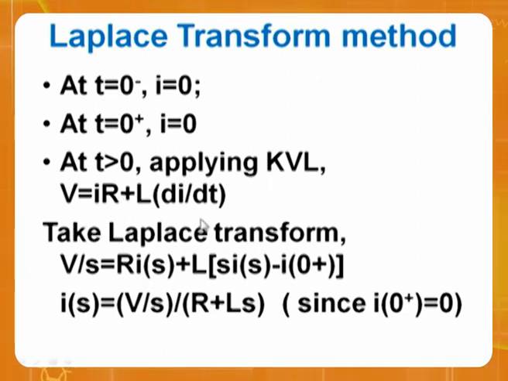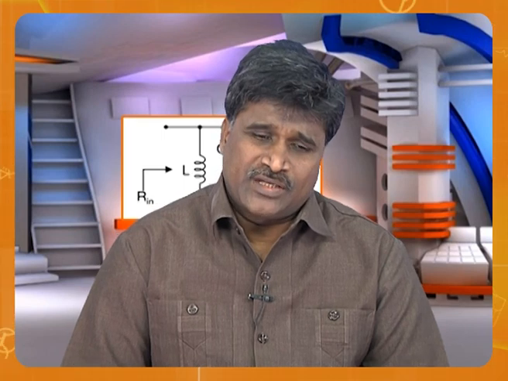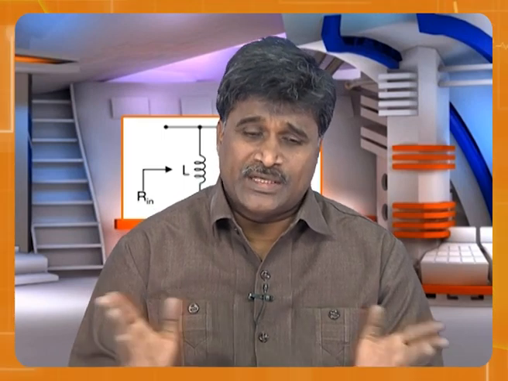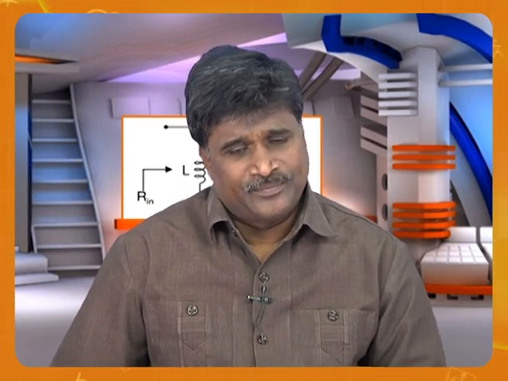Please observe a very interesting statement. When you apply Laplace transform, the integro-differential equation is becoming algebraic. That's why one of the important applications or advantages of Laplace transform or any transform is that integrals and differentials will be converted into algebra.